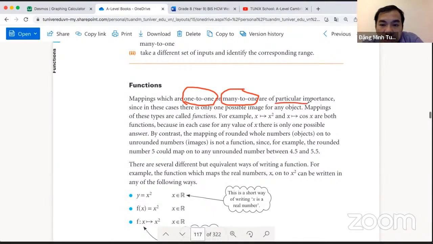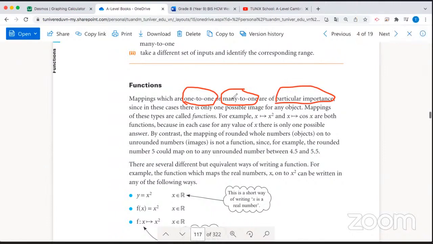This is an important thing. In mathematics, we care about this only: one to one and many to one. We don't care about one to many. If we have input 1 and it can go to many outputs, we don't care about this, because that is statistics, which we will study separately.